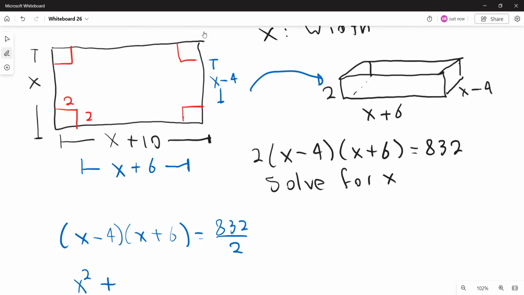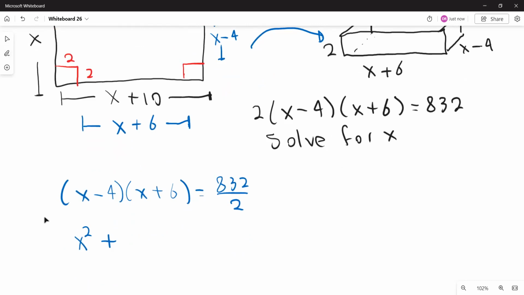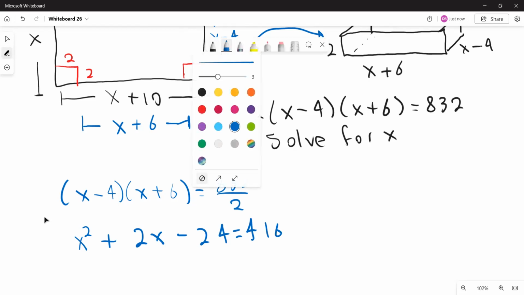So x minus 4 times x plus 6 is x squared plus 2x minus 24, equals 416. Okay, so subtract 416 from both sides.